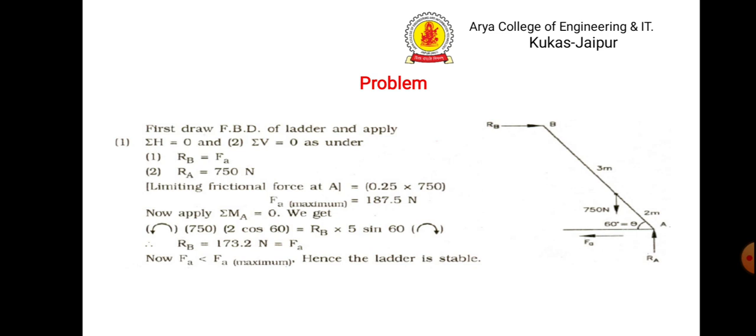We know that Fa equals Rb from equation number 1. So Fa is 173.2 and Fa maximum is 187.5 Newton. Since this Fa is less than Fa maximum, hence the ladder is stable.